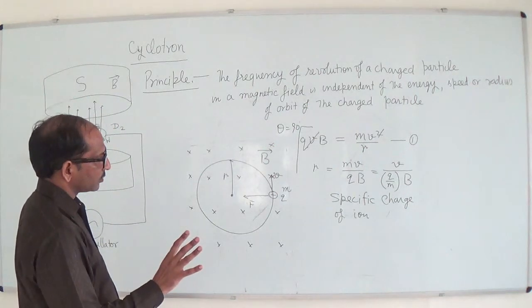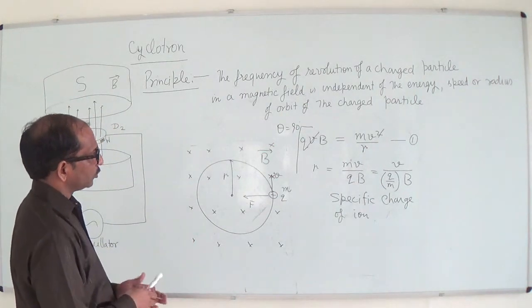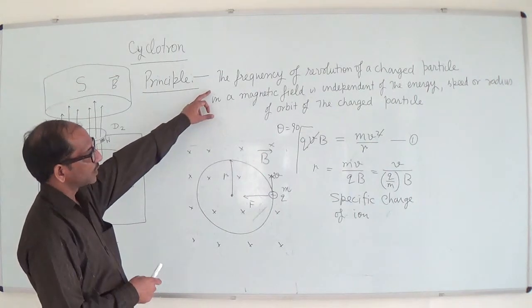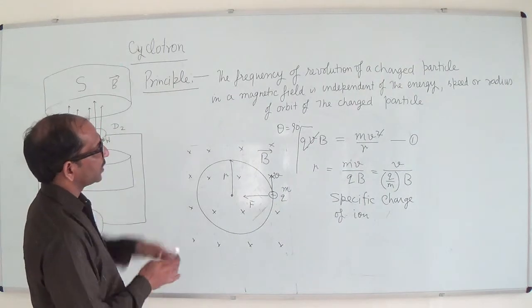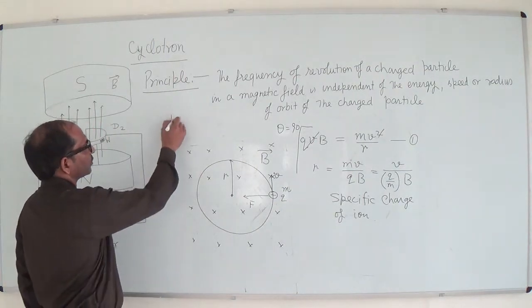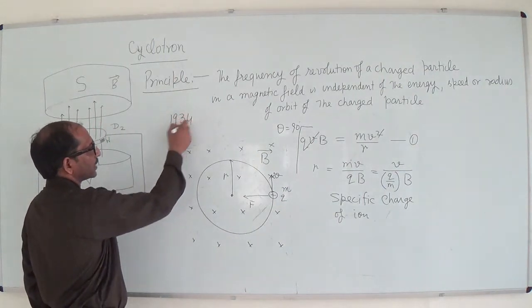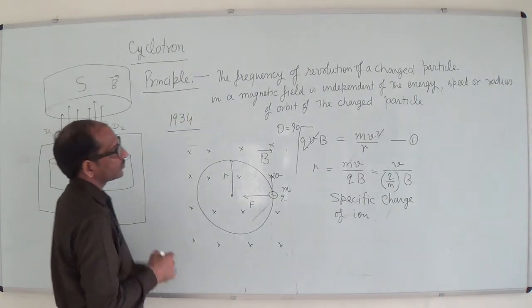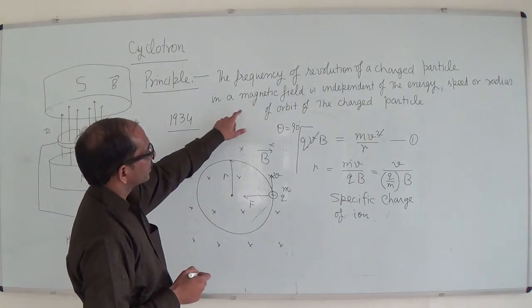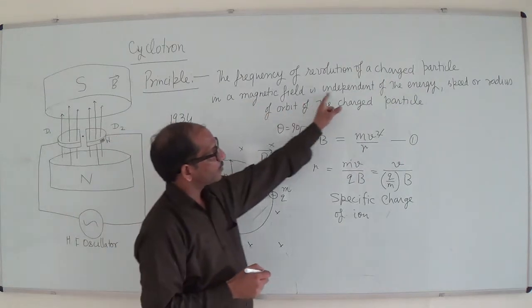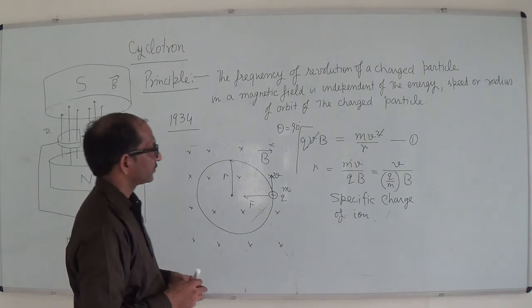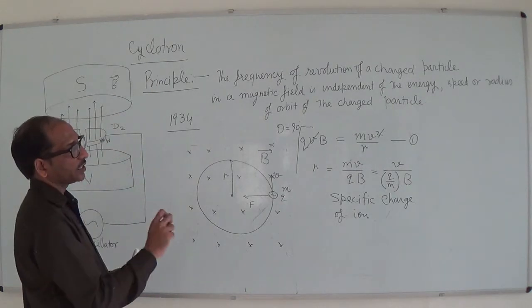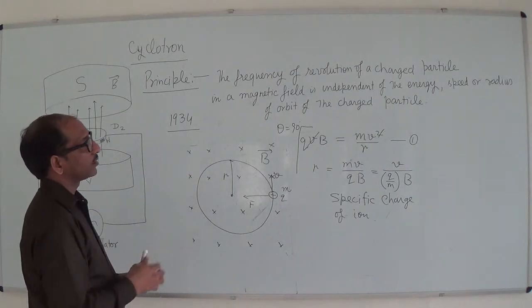Now, you have seen that the principle of this cyclotron, which was developed in 1934 by Lawrence in the USA, is independent of the energy, speed and radius. All these three basically depend on each other.